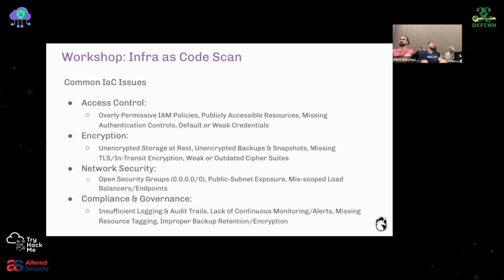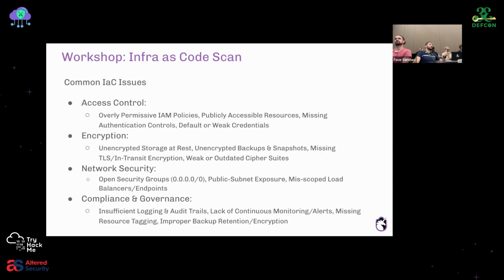Common issues with infrastructure as code: access control. As we have seen with the Warden rules example, you can have an IAM policy with a lot of permissions because, if you are used to doing CTFs, you have seen this is a pretty common example. Encryption: maybe buckets are not encrypted at rest. Network security: pretty common that you have a security group exposed to the internet.